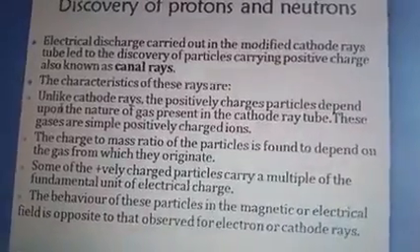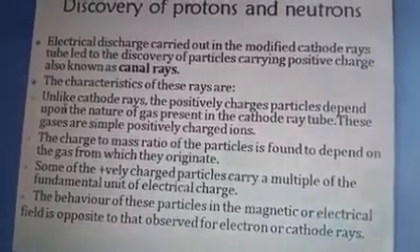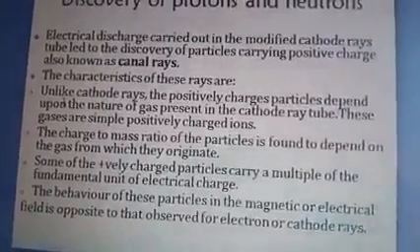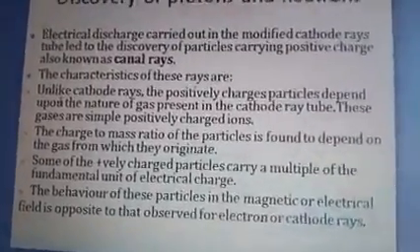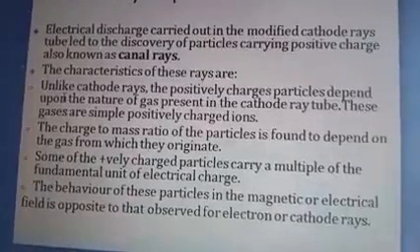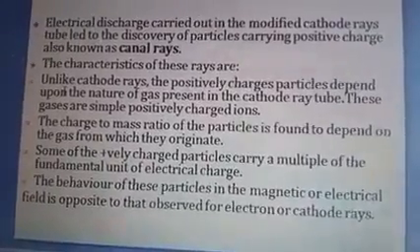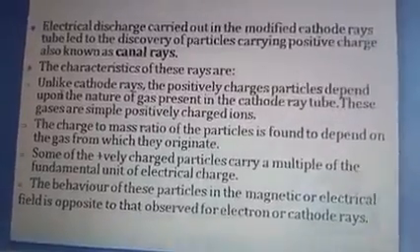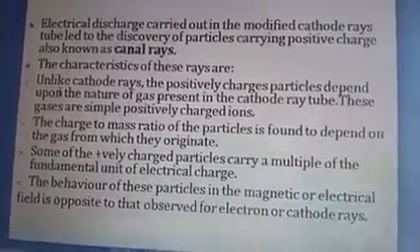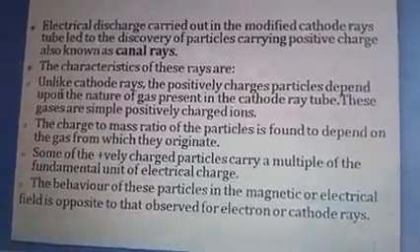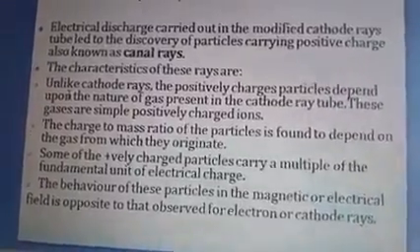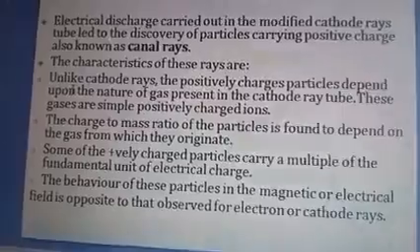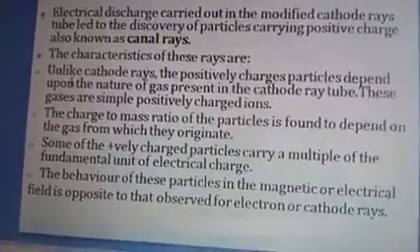So the canal ray is a ray opposite to the cathode ray. So this canal ray, if you pass it through the electrical field, it moves towards the negative plate. That indicates that the canal ray carries positive charge.